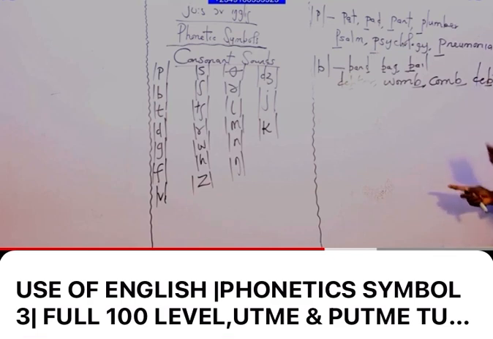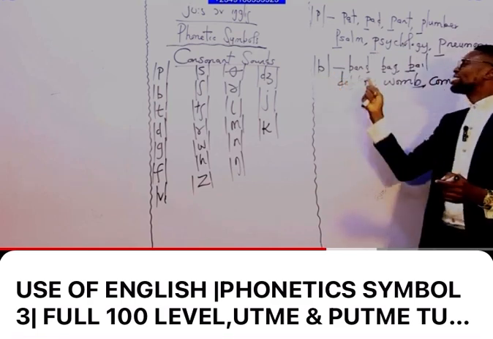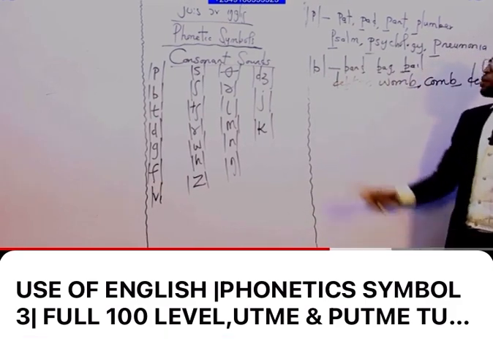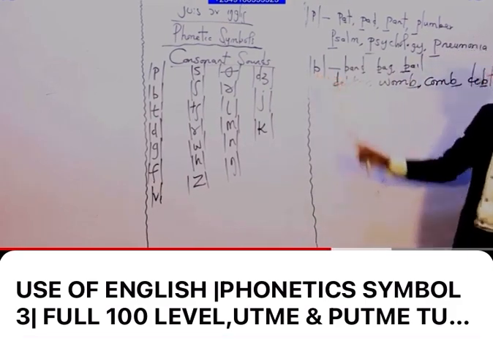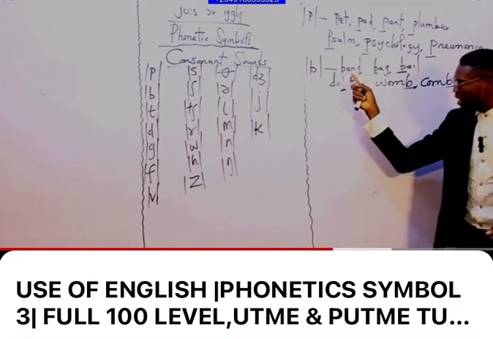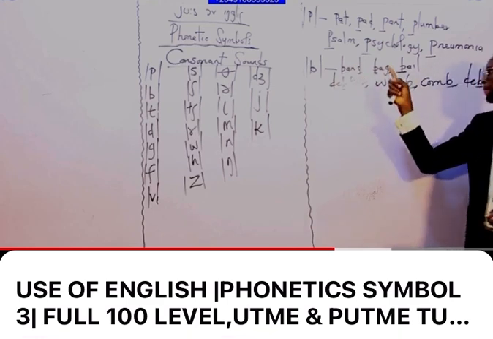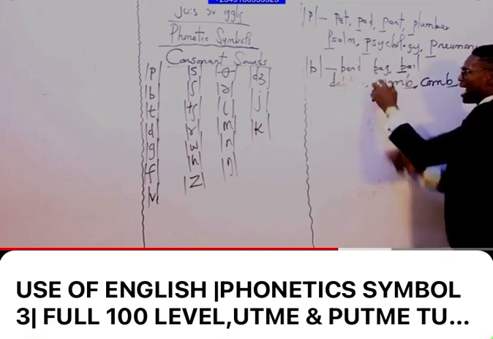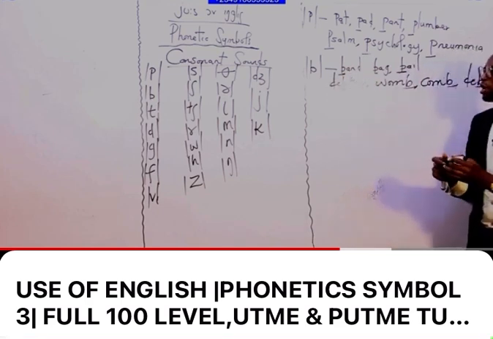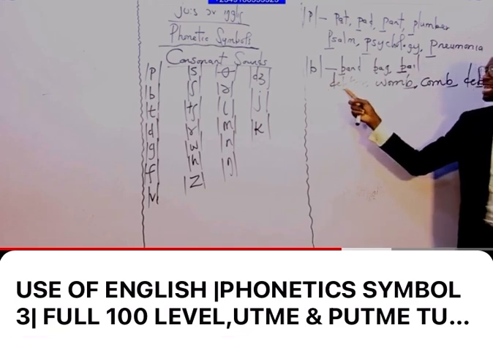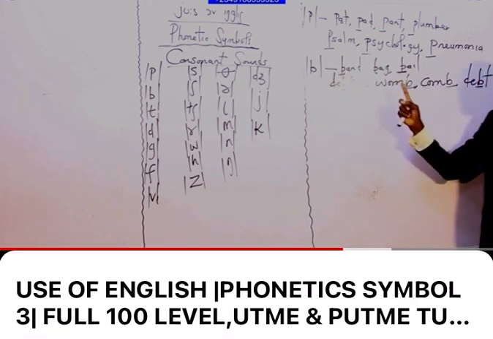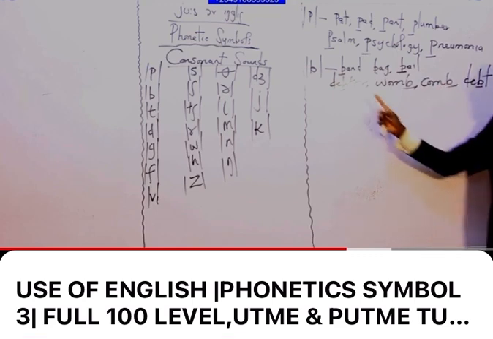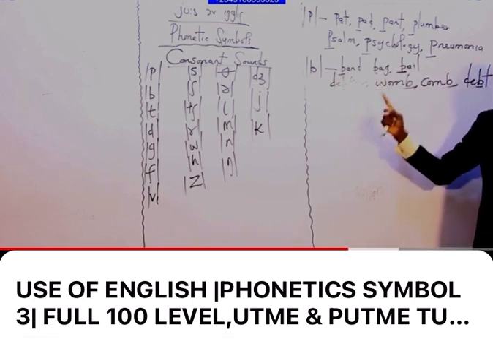So these are the words that are voiceless in this context. Don't let's forget, for this sound, we have the voiced sound, as in band, bag, bill. The B here are voiced. While for the voiceless sound, like debtor, womb, comb, debts, the B here are voiceless.